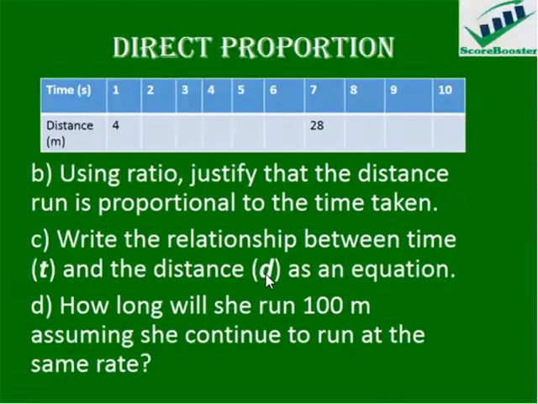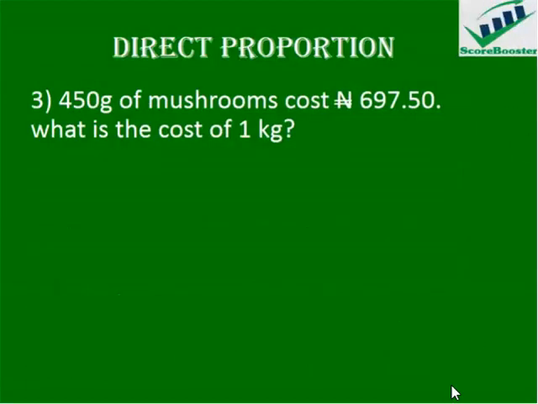After that, you have to write the relationship between the time t and the distance d as an equation. So how long will she take to run 100 meters? We have to look for the number of seconds she will use to run 100 meters, assuming she continues to run at the same rate. So that is the second question. It's a very simple question.